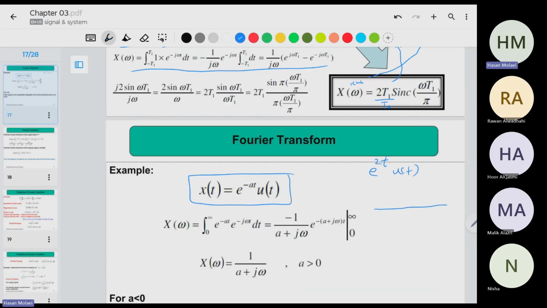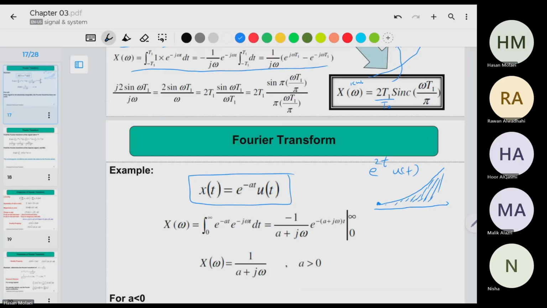If I want to draw it, yeah, it's increasing. Can I define a Fourier series or Fourier transform for this one? No. Why? Yeah, exactly. Its energy is not limited. It has infinite energy.